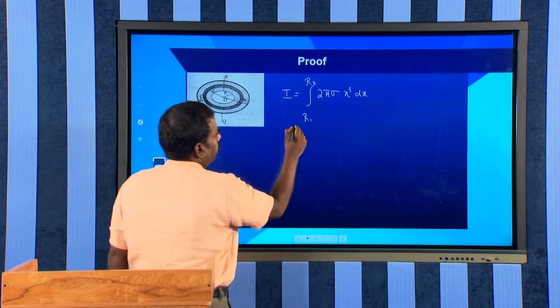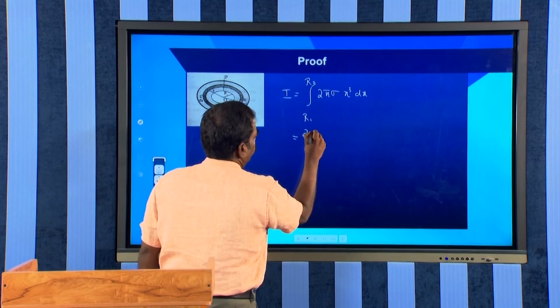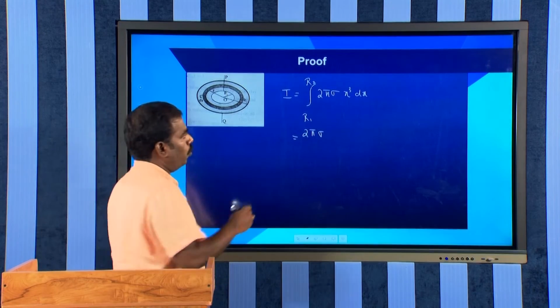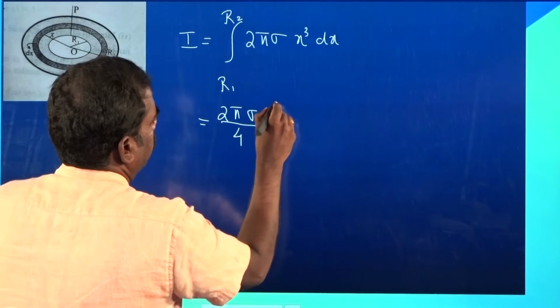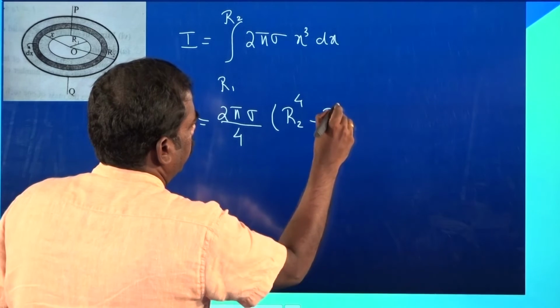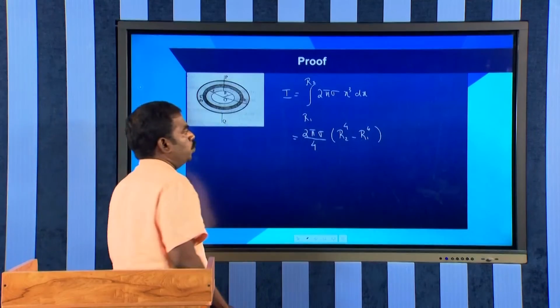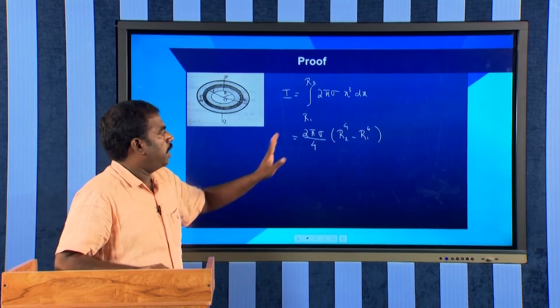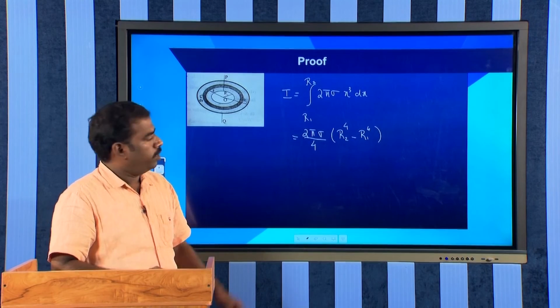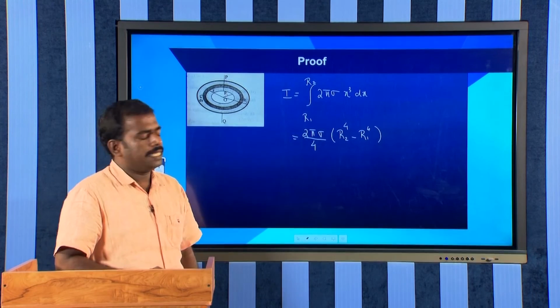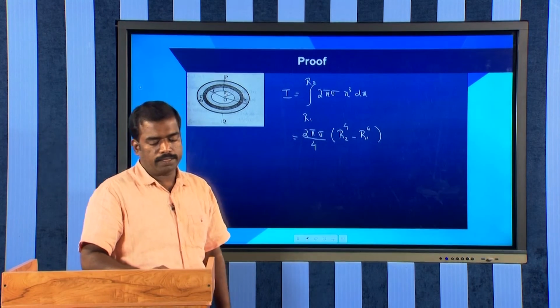So, you will get 2 pi sigma by 4 into R2 raised to 4 minus R1 raised to 4. The 2 cancels, and it will give you pi sigma into R2 raised to 4 minus R1 raised to 4.